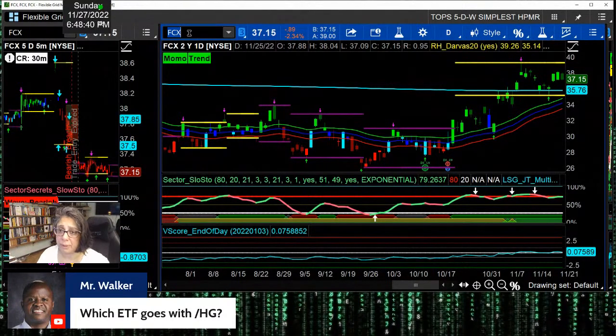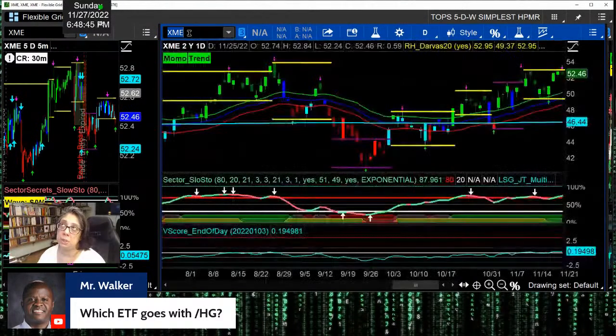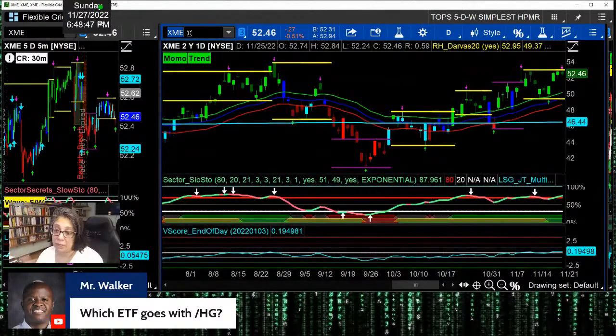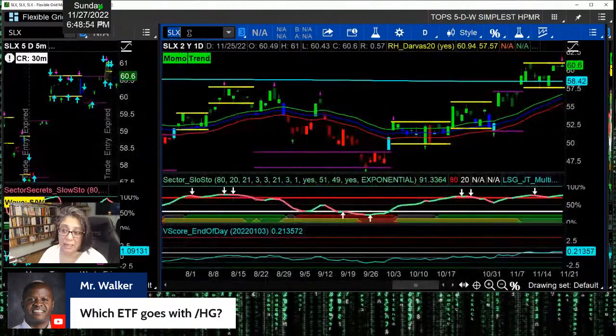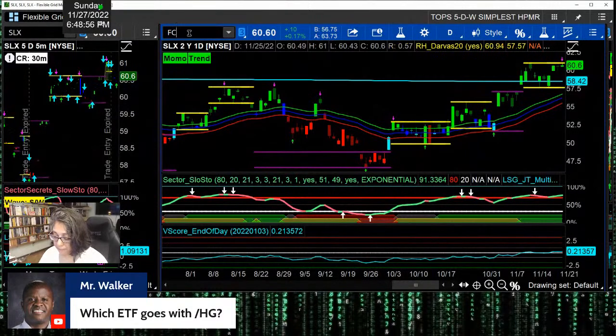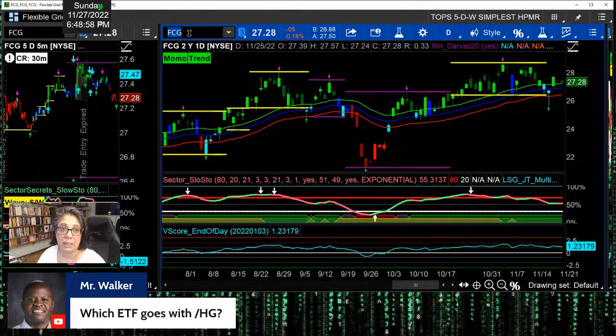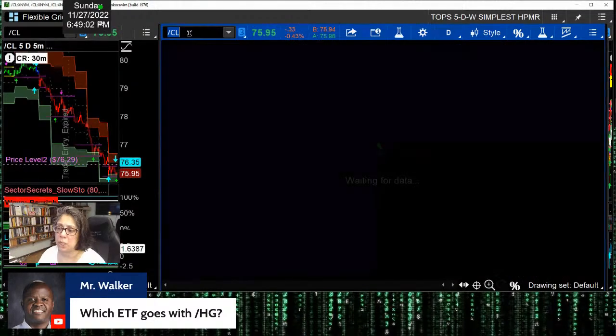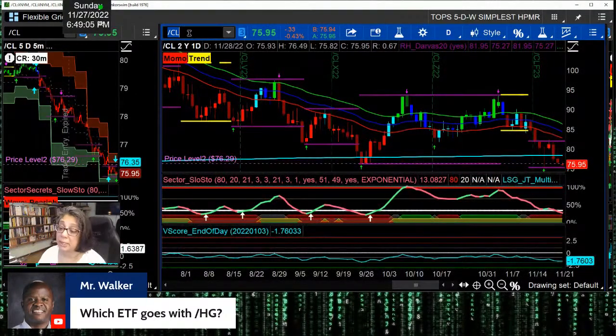So if you want to play copper, HG futures, but you want something similar to copper, what I think would really be a copper buy, take a look at FCG, take a look at other stocks within the XME, maybe even the SLX. And much like I'm not advocating a lot of crude oil trading right now, although we might be looking at a buy this week, I actually like crude oil stocks and some natty gas stocks over the commodities.